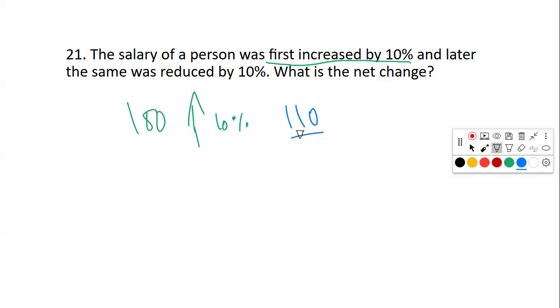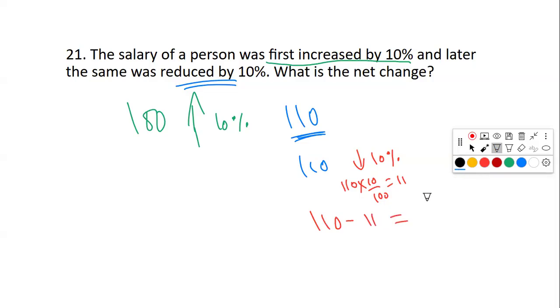Now I am at 110. My salary is now reduced by 10%. On 110, if I calculate 10%, it is going to be 11. From 110, if I subtract 11, I am at 99.